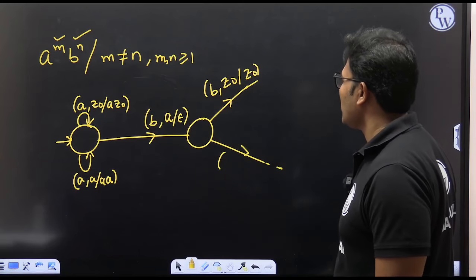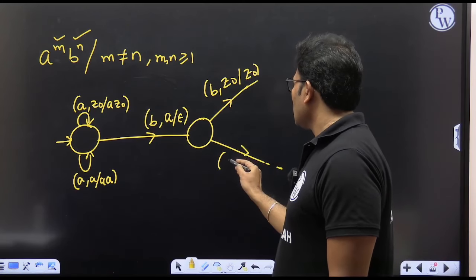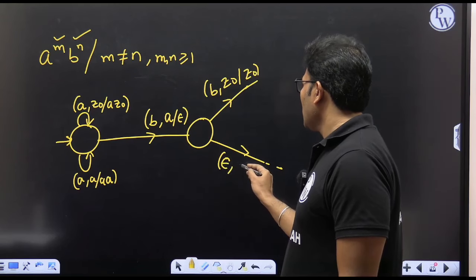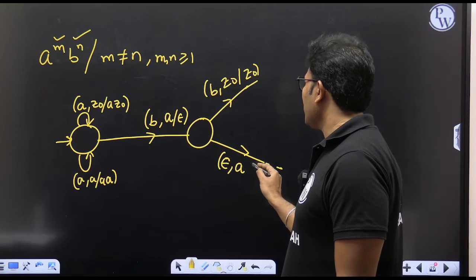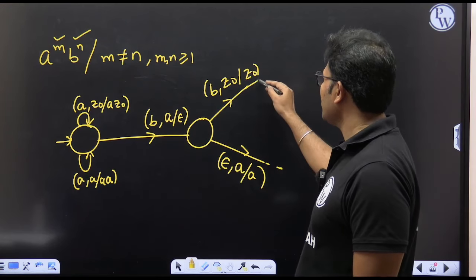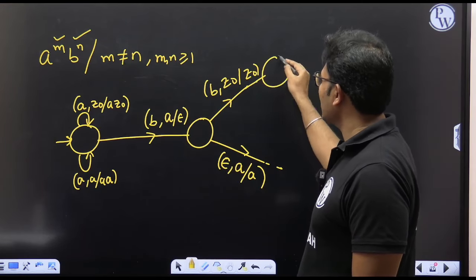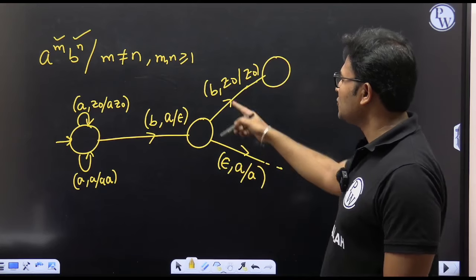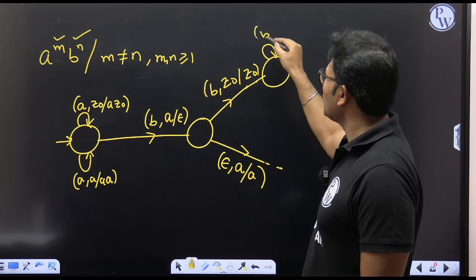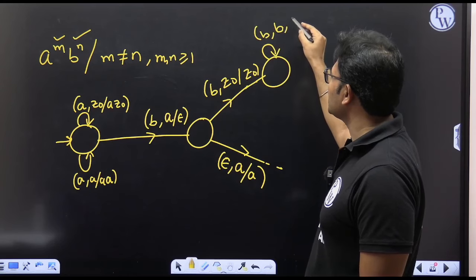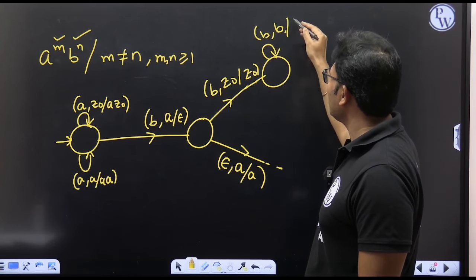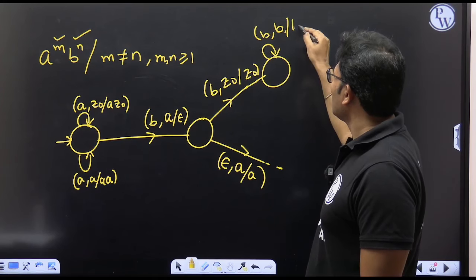Now what happens if B's are over? On top of the stack, epsilon, B's are over and A's are remaining. Then you are going to accept. You are going to leave it as A. So here just make a check that only B's are there. A's are over. Any number of B's come, leave them as B's and then you continue.